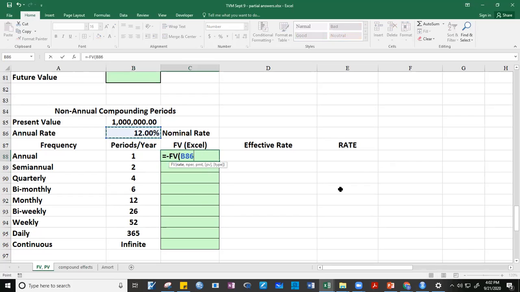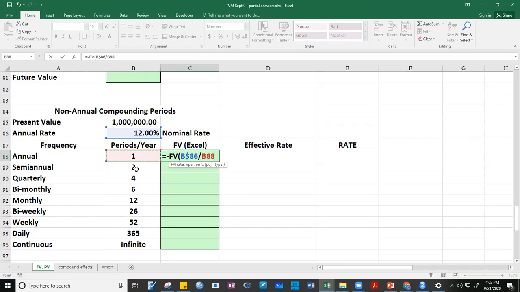So just one formula: negative FV, the rate is 12%. Take note, we're going to copy the formula going down. We don't need to fix the column since we copy downward; we fix the row. Then we divide this by the number of compounding per year. Annual, 12% divided by 1, is 12%.